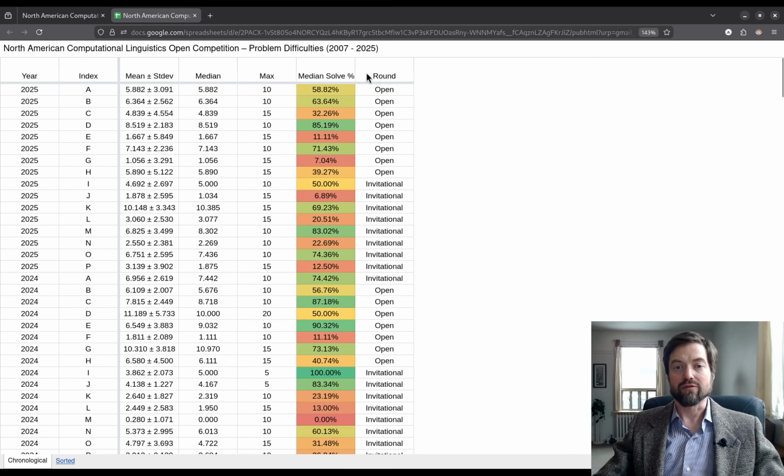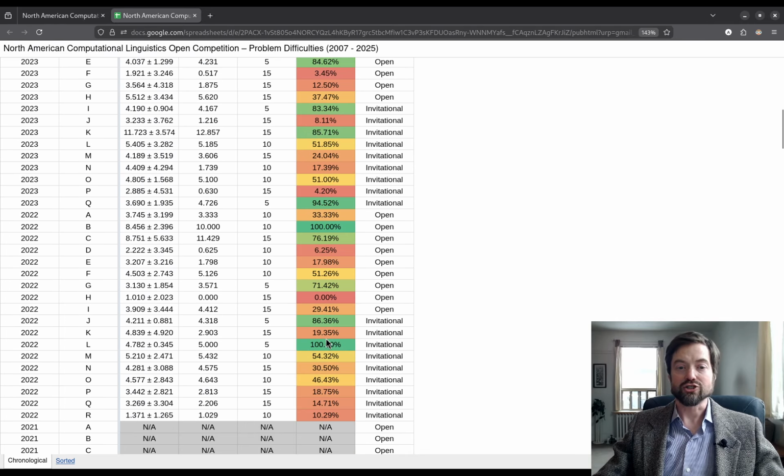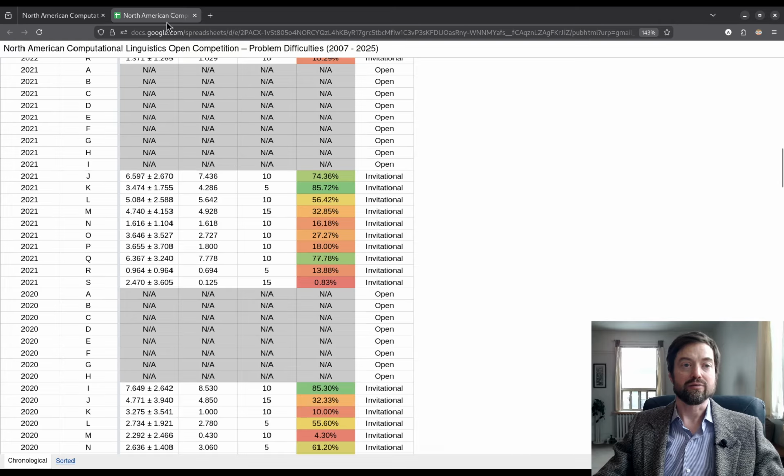Those who do well enough in the open round will be invited to the invitational round. So these tend to have the harder challenges. If we just focus on the open, you can see, like here, 85% versus 11, right? 90% versus 11. So an enormous range. And this is going back into the past here.